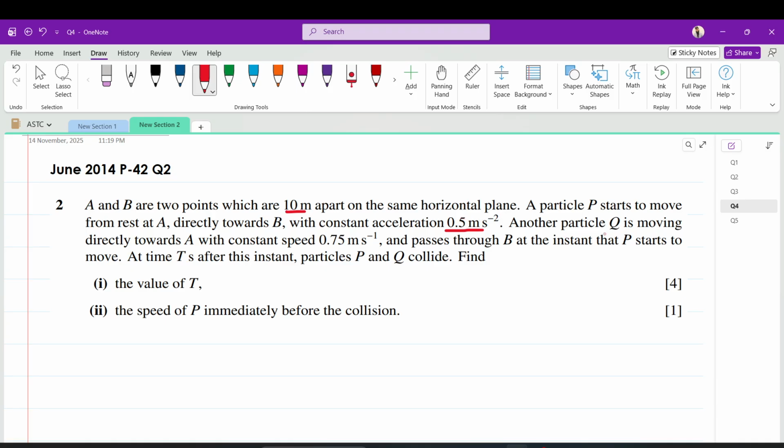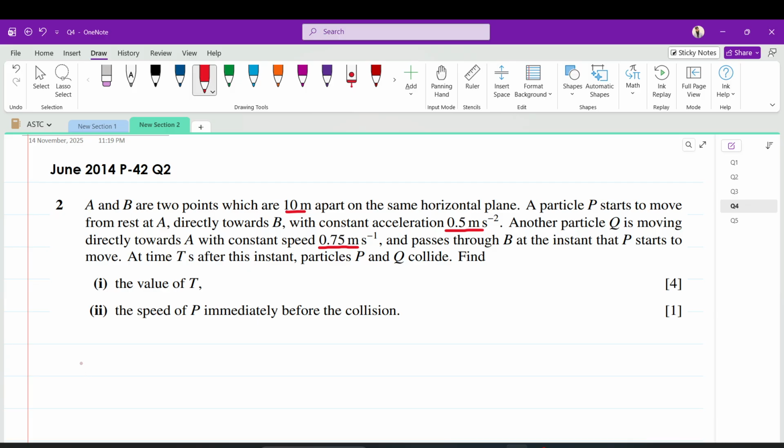Another particle Q is moving directly towards A with constant speed of 0.75 meters per second and passes through B at the instant that P starts to move. At time t seconds after this instant, particles P and Q collide. Find the value of t.